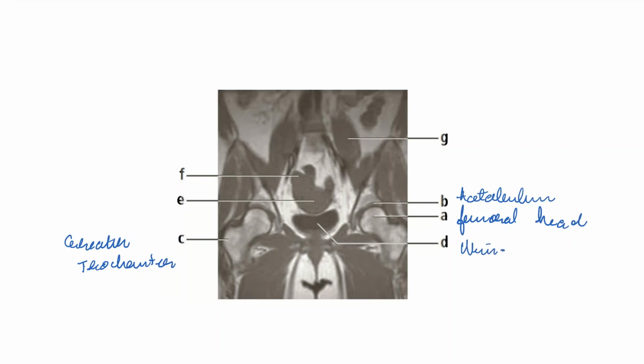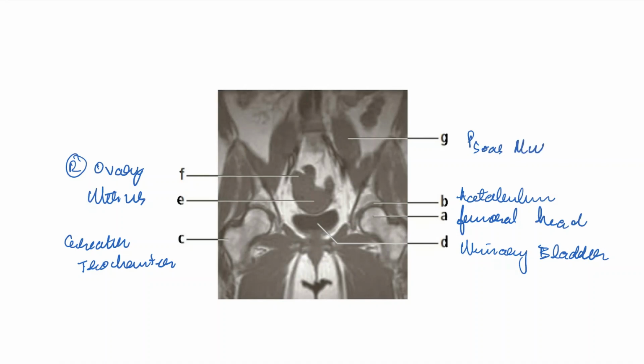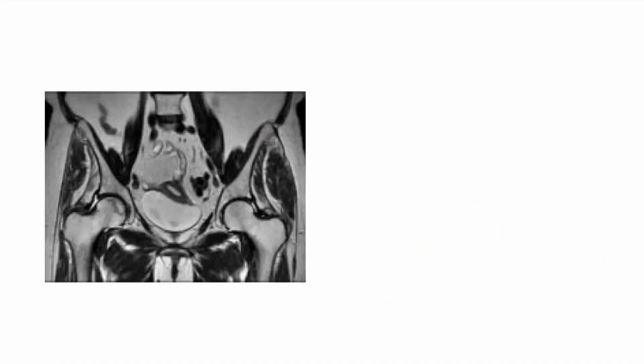D is urinary bladder. E is uterus. F is right ovary. And G is psoas muscle. Now, what does this MRI show? This MRI shows avascular necrosis of the right femoral head.